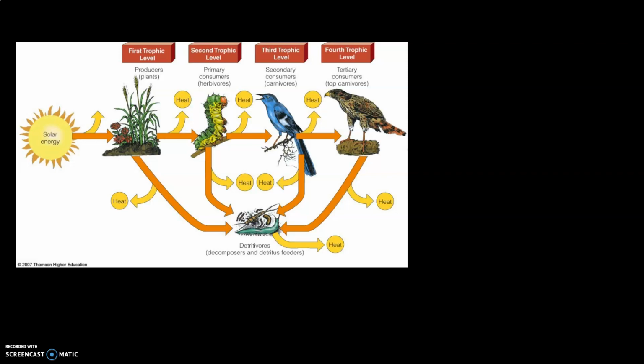The second trophic level are primary, that's the confusing part, consumers. And then, so you just have to kind of keep track of it because the numbers start to get off a little bit. Third trophic is the secondary, fourth trophic is the tertiary. So you just have to read the whole thing and get an understanding for what each one is. Not too bad. You just got to pay attention a little bit.